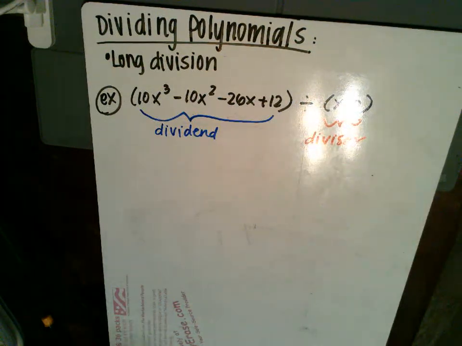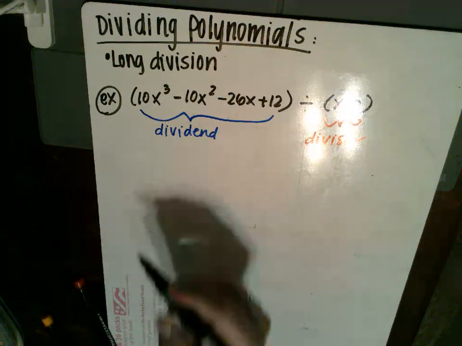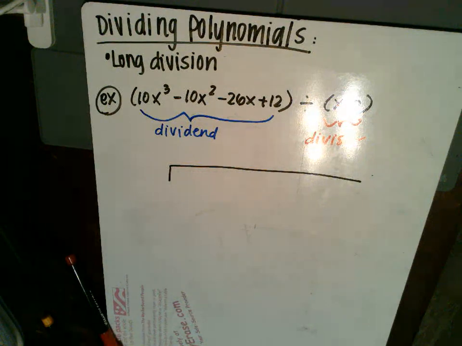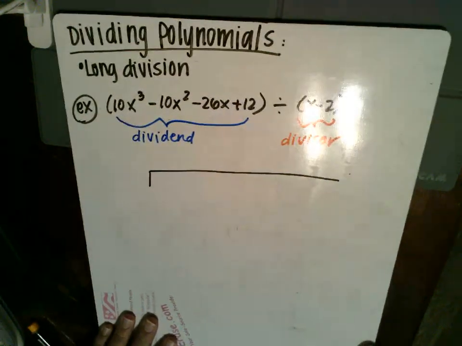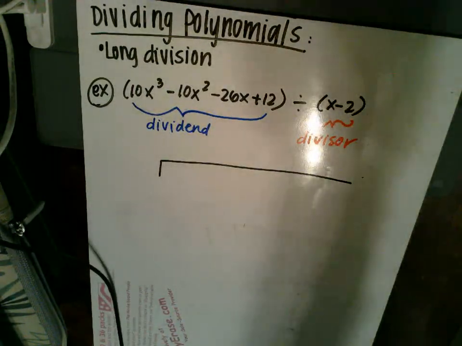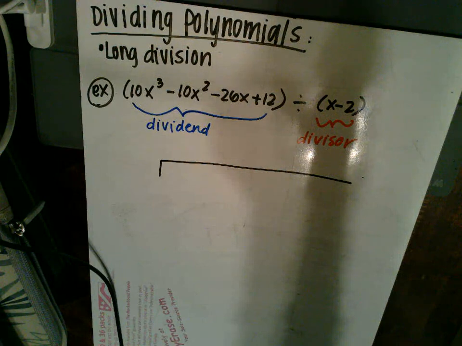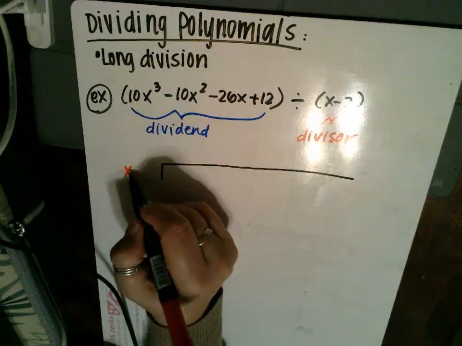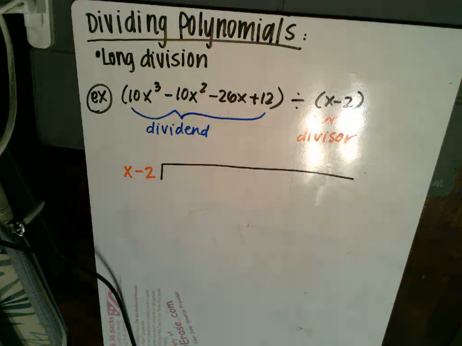The way I set up my long division is I put my dividend inside and my divisor on the outside. Sorry, there's a glare in here that says x minus 2. So my divisor, x minus 2, goes on the outside.